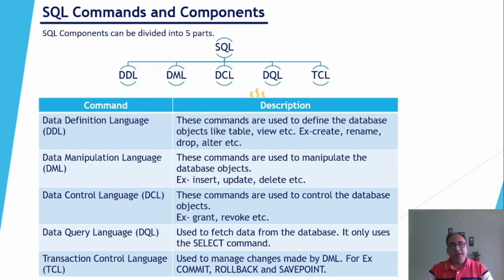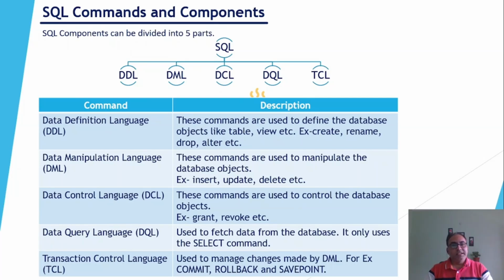Then we have DML, data manipulation language. These commands are used to manipulate the data in database objects. Any sort of data manipulation, whether it's insertion, updation, deletion, falls under the category of DML. So your insert, update, delete statements come under DML. Then we have DCL, data control language.